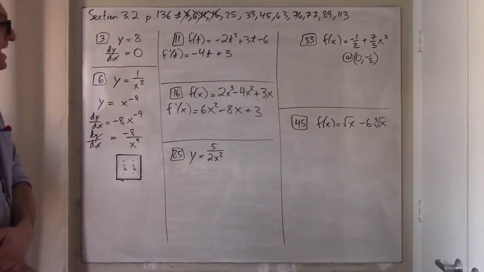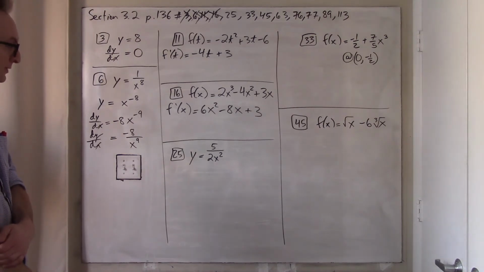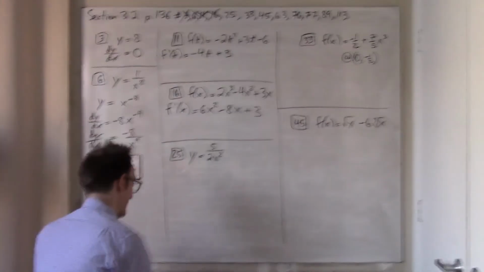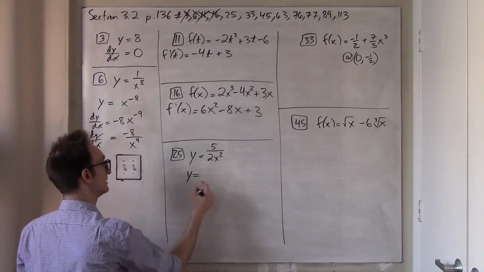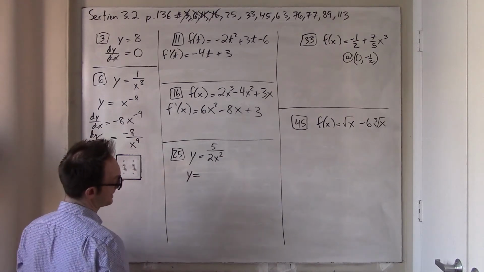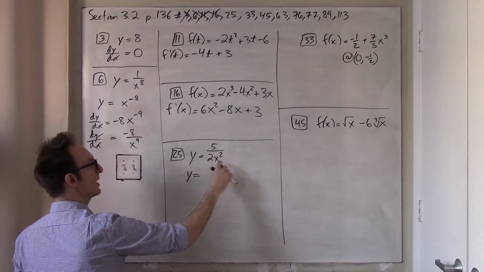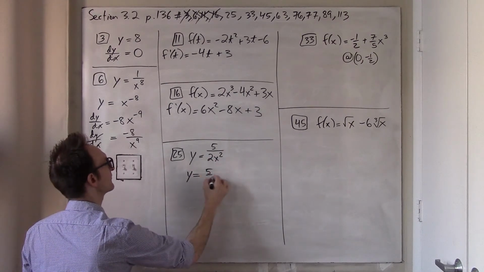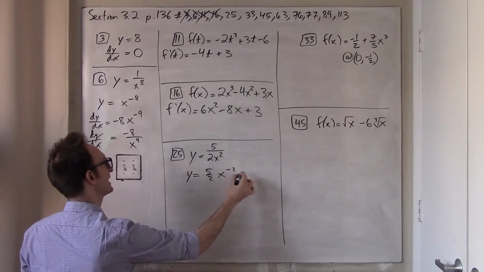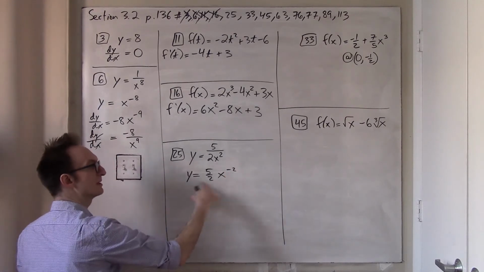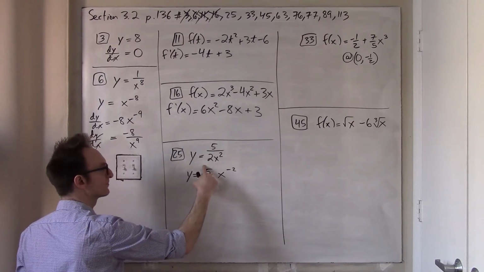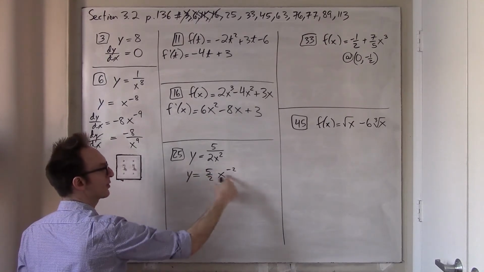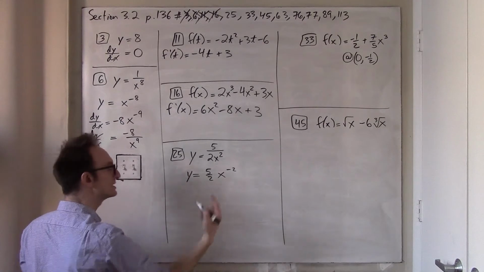Okay, 25, the book makes a big deal about rewriting this. Okay, me too. You know, careful people will not get confused and will recognize that 5 over 2x squared really means 5 halves x to the negative 2. So I think it's extremely important to take this extra step to rewrite your function with negative exponents in such a way that you can easily apply the power rule.